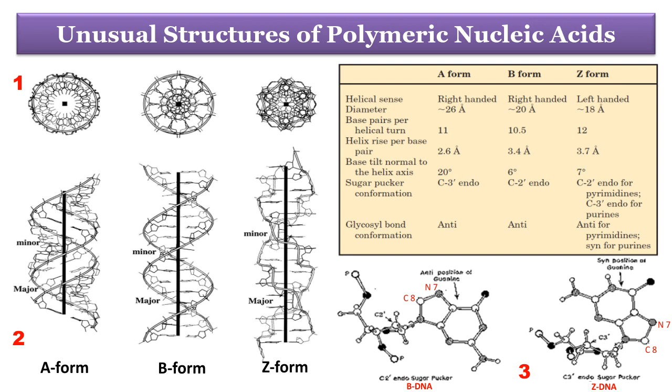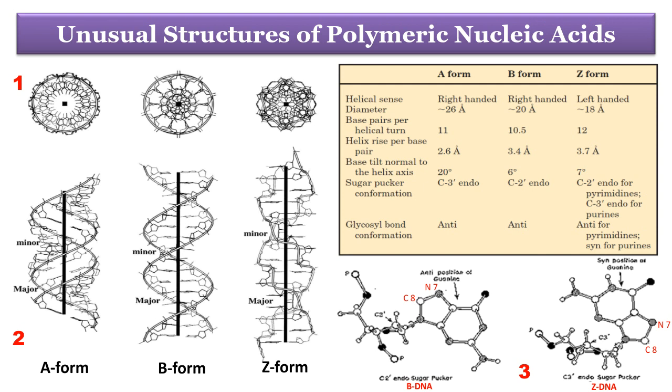While in Z form there are 12 base pairs per helical turn and the structure appears more slender and elongated. The DNA backbone takes on a zigzag appearance. The major groove is barely apparent in Z DNA and the minor groove is narrow and deep. Generally, certain nucleotide sequences fold into left-handed Z helices much more readily than others.